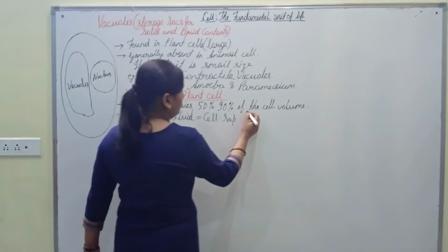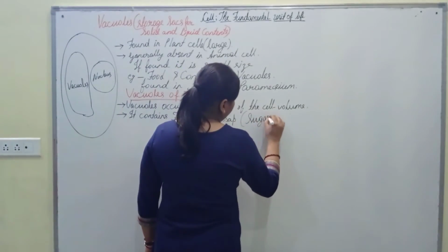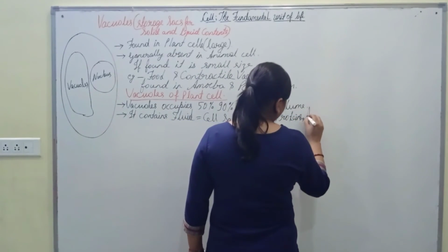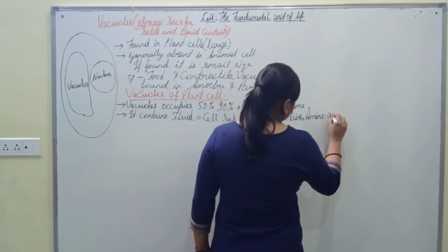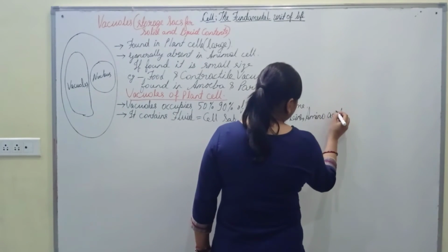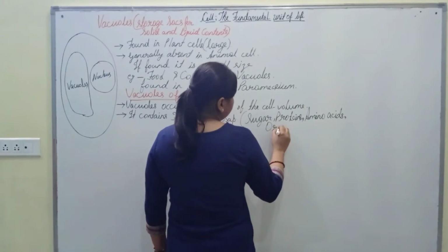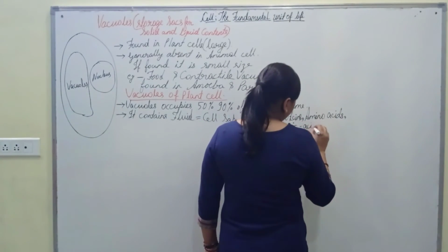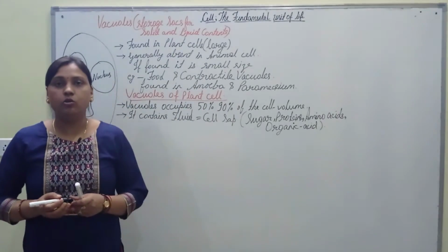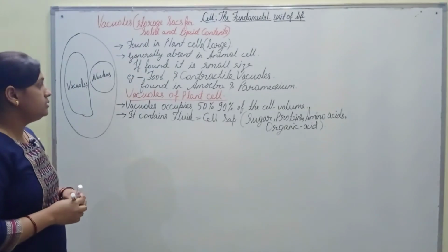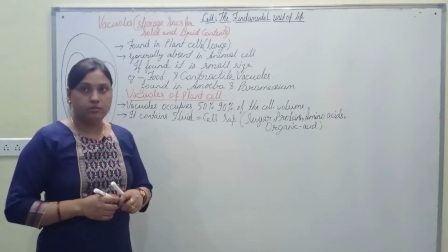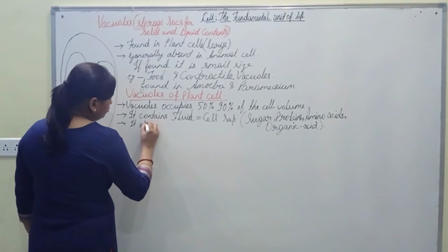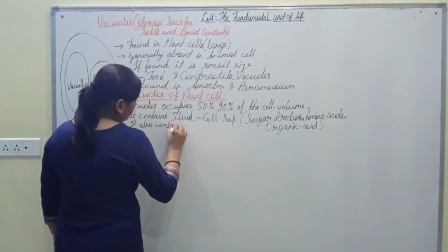This cell sap is made up of sugar, proteins, amino acids and also a few organic acids. This also contains waste materials.